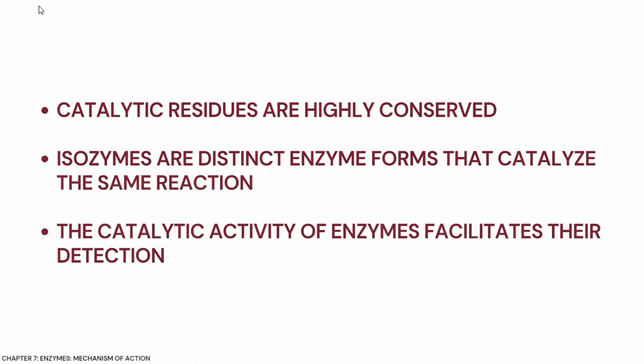So you can just now imagine the logic of your creator. If we just made a mistake on putting hexokinase in the liver, then all that glucose will be in the liver. You see? Now, catalytic activity of enzymes facilitates their detection. So your isozymes are located in different areas or different cells.